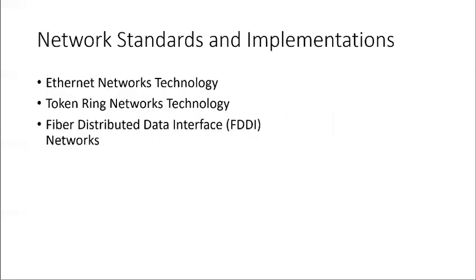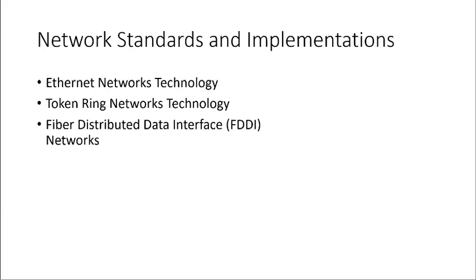So there are 3 network technologies: Ethernet network technology, token ring network technology, and fiber distributed data interface, or FDDI network. Some of these technologies we have already come across a few times in our earlier units.